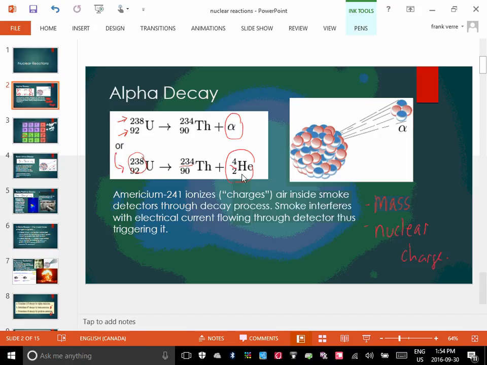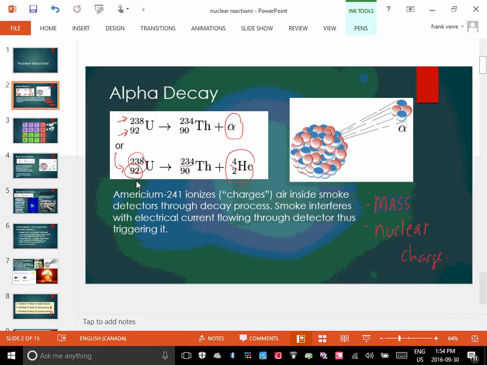So that's balanced. If you look at the nuclear charge, on the bottom, you see 92 protons. What would the charge be? It would be 92 plus, right? On the right, what do you see? 90 protons and another 2 protons. So when you're balancing nuclear reactions, make sure the mass is the same on both sides.